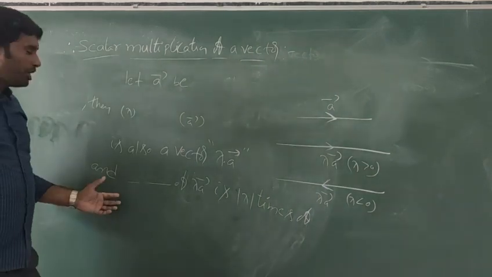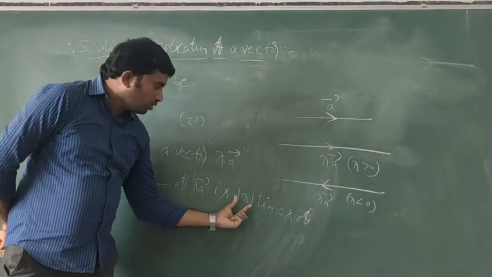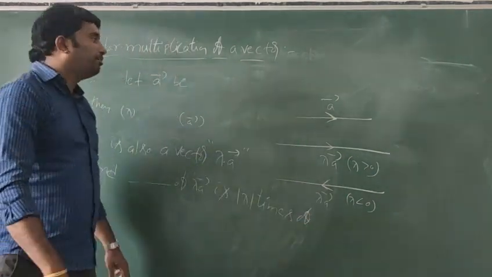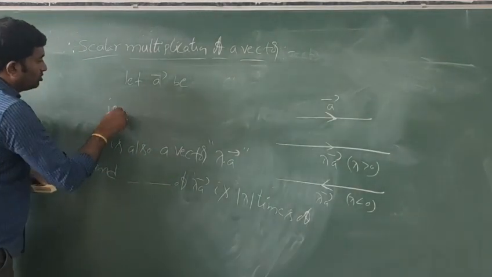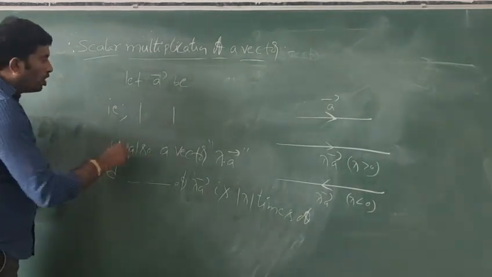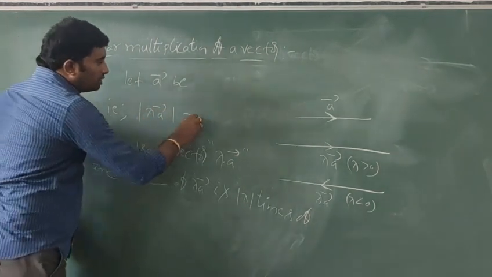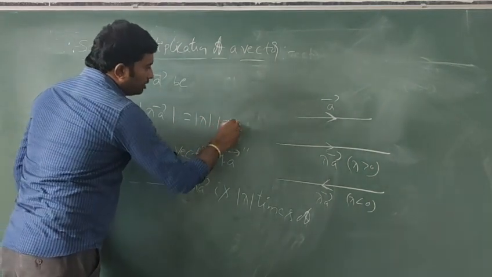What is this point? The magnitude of lambda a bar is mod lambda times the magnitude of the given vector a bar. That can be written symbolically as: magnitude of lambda a bar is equal to mod lambda times the magnitude of the given vector a bar.